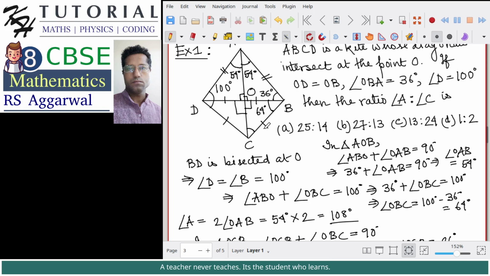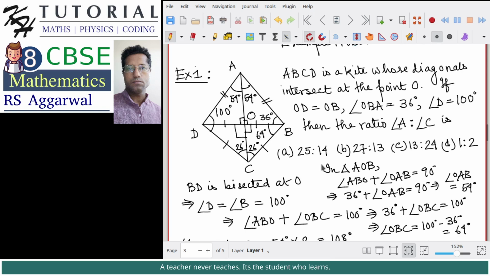So definitely this is 26 degrees. So angle C will also be 26 degrees, as angle A and angle C are bisected by the diagonal AC.